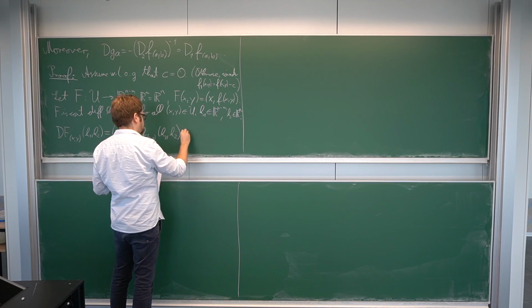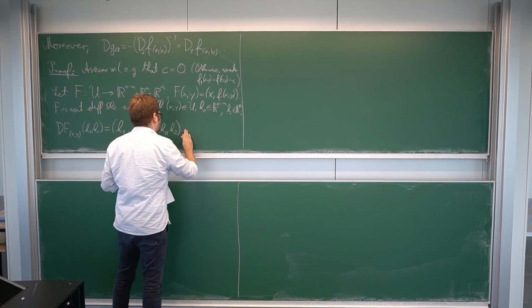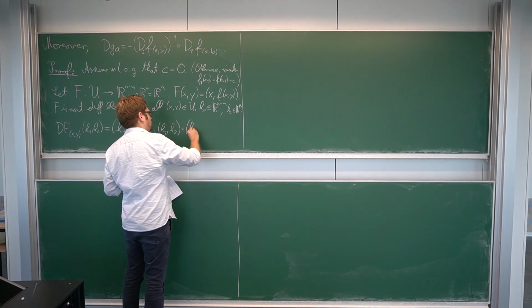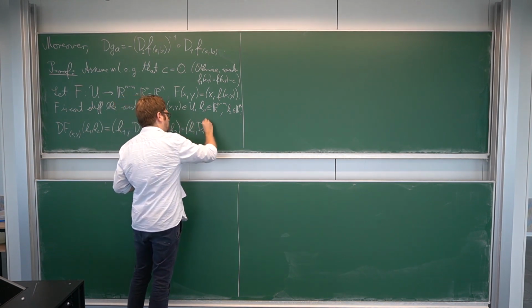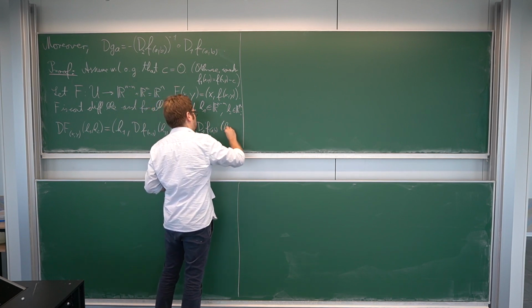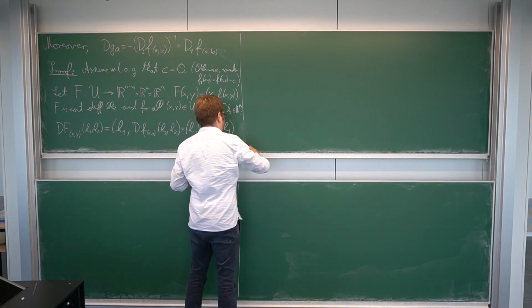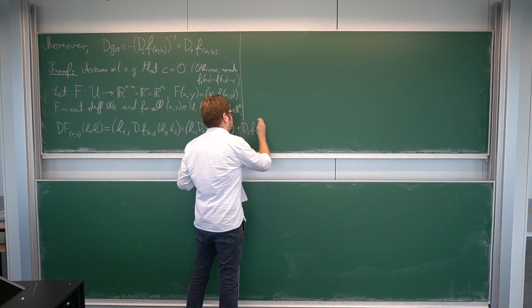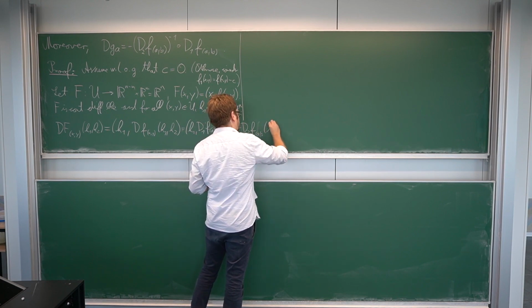Sorry, maybe to simplify this: this is, of course, the same as h1 and D1f in (a, b) of h1 plus, using this formalism here, D2f in (a, b) of h2.